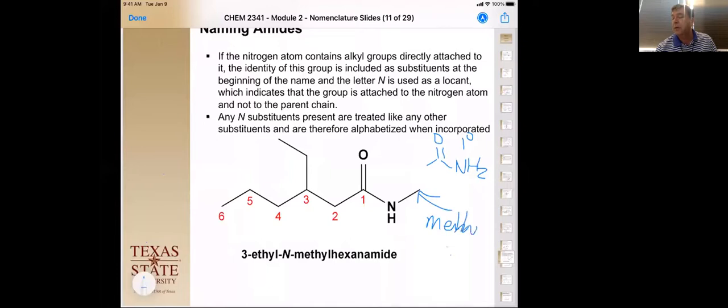But it's not on the carbon chain. And so we're going to tell them it's not on the carbon chain by putting an N here. So that methyl group is actually attached to a nitrogen. So that's where this N-methyl comes from, okay? So kind of like where we had an alkyl group on that ester, where it's signified by that space, in this case, we're signifying it's on a nitrogen.